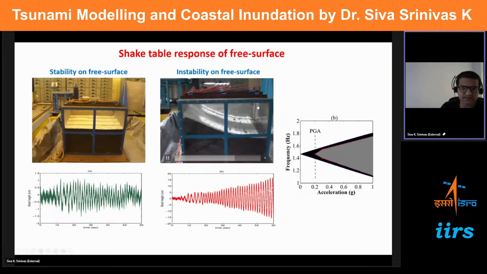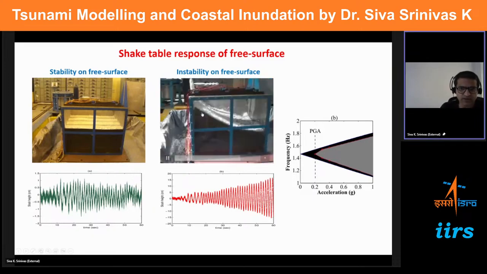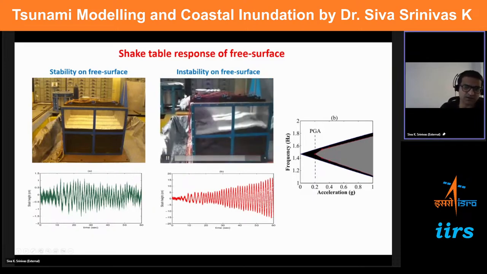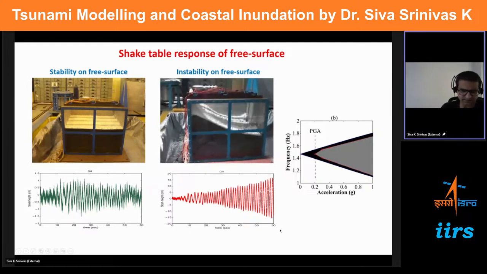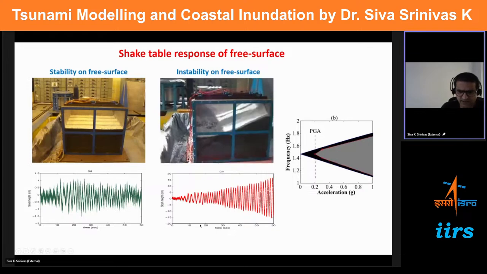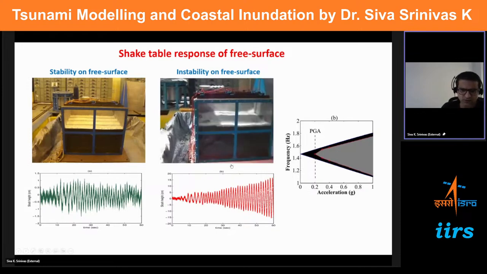The height is so increased that at some point the water has sloshed out. Now this is the plot of height versus time. As the time increases, as the excitation goes on, the height of the free surface was exponentially increasing. At one point, the water sloshed out.